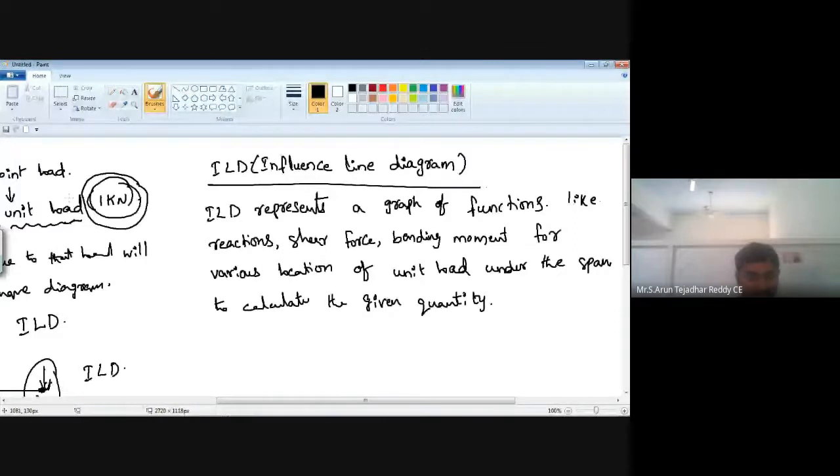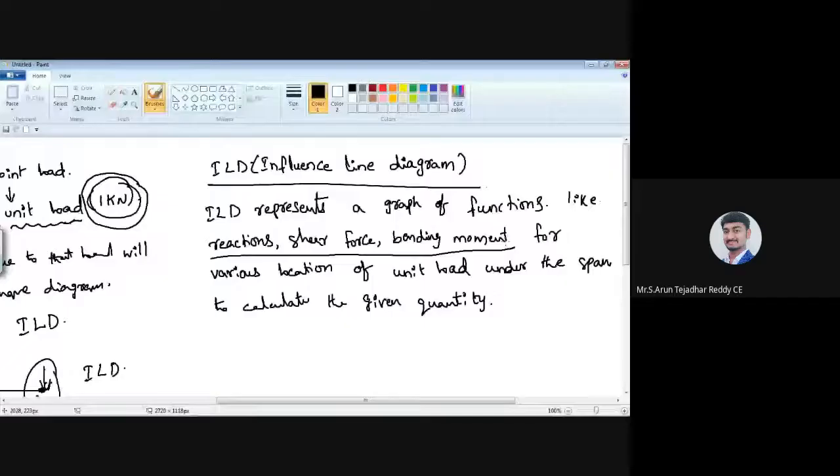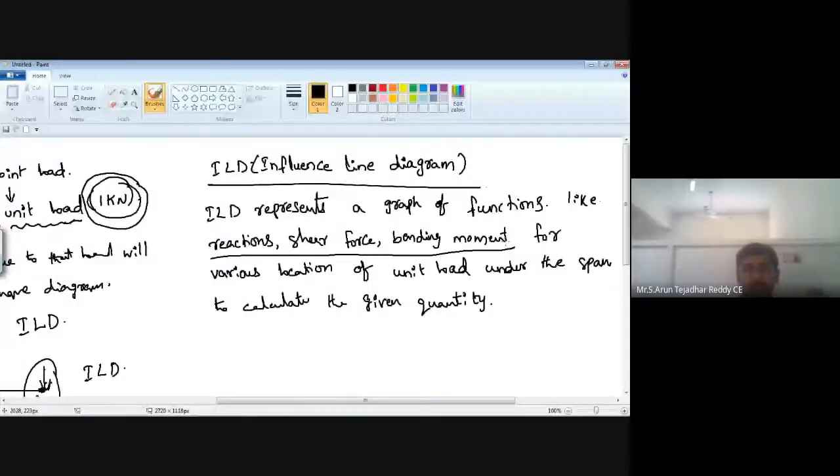Mainly remember these 3 points. That's it. There is nothing to worry about in the influence line diagram. The main concept is reaction, shear force, and bending moment.